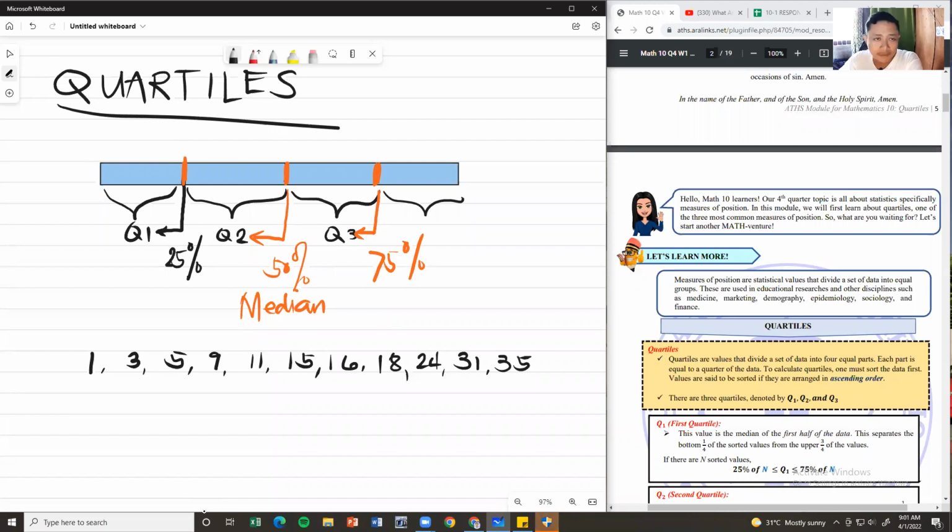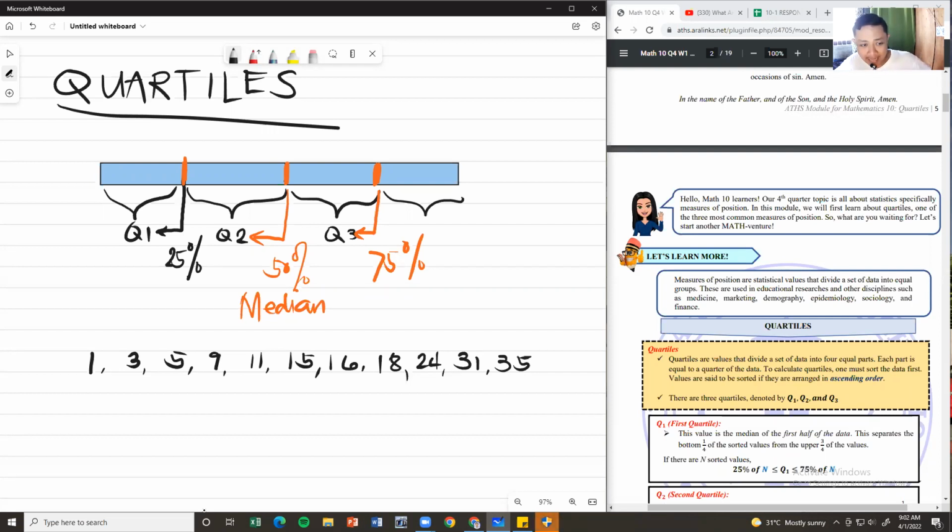Okay, so of course, all we have to do is to analyze our given and let's find our first quartile, second quartile, and our third quartile. Simple lang. Let's look for the median or for the middle value of the given data.